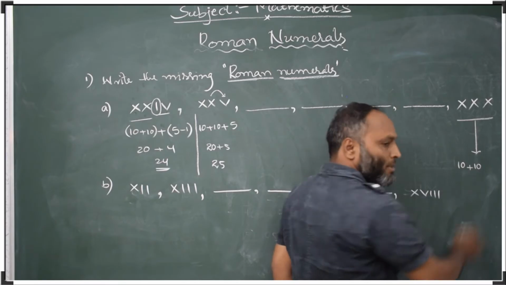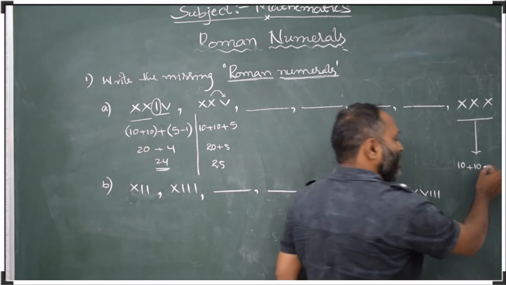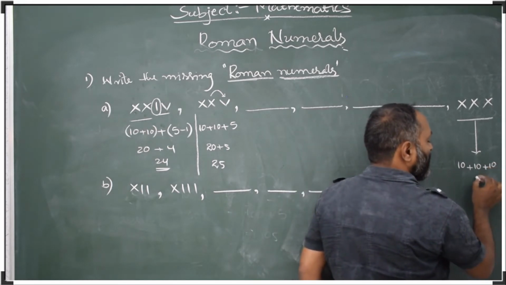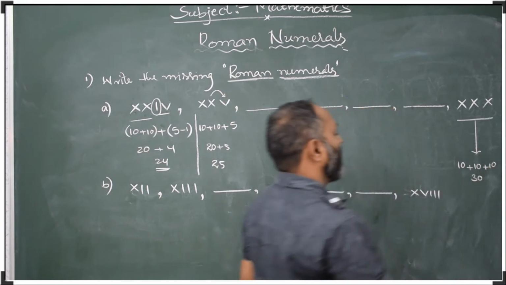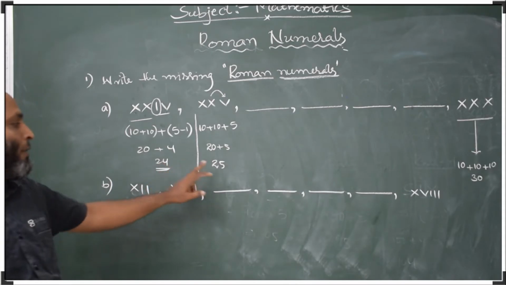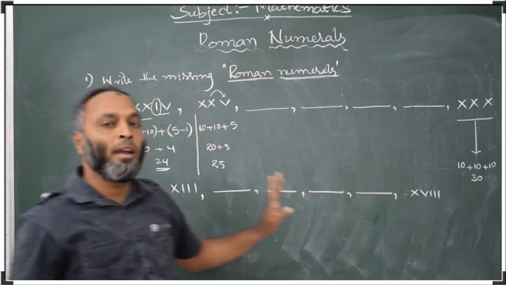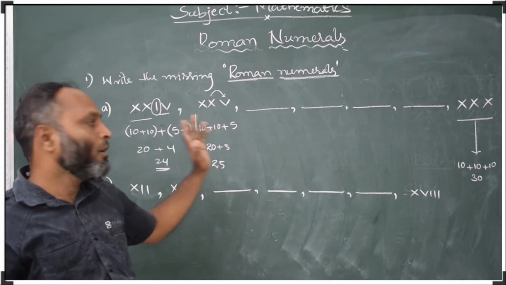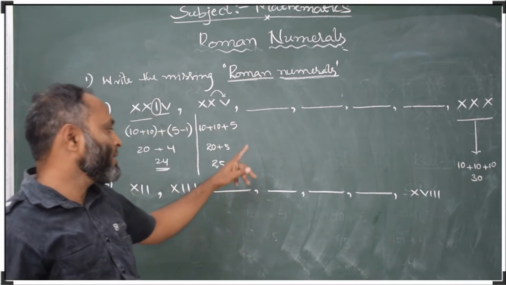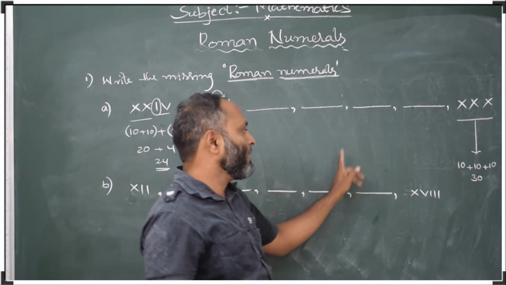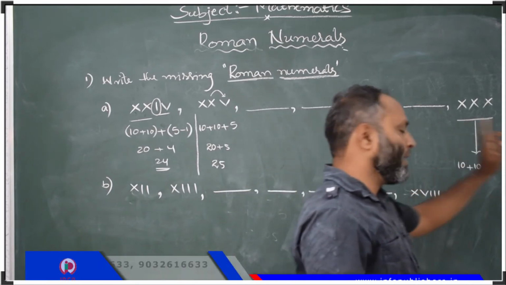Again one more X means 10. One more X means 10. 10 plus 10 plus 10, 30. It means we are given 24, 25 and 30. The 4 Roman numerals we have to find are 26, 27, 28, 29.